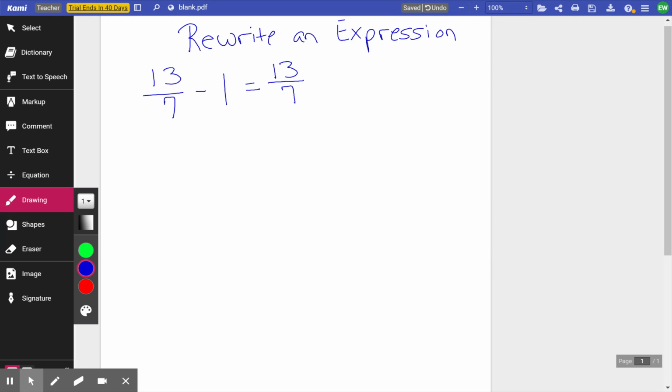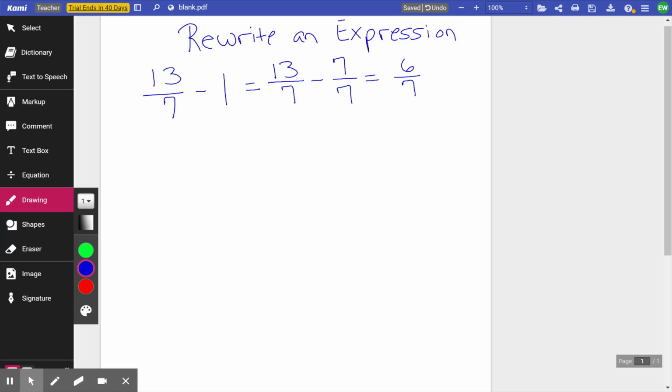So would you agree that I can rewrite the number 1 to be 7 over 7? Isn't 7 divided by 7 equal to 1? Sure. So we have not changed the original problem at all. We've just rewritten that number 1 in a convenient way that helps us subtract that fraction more easily.